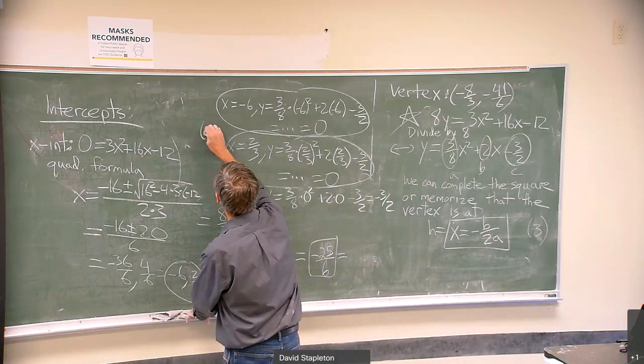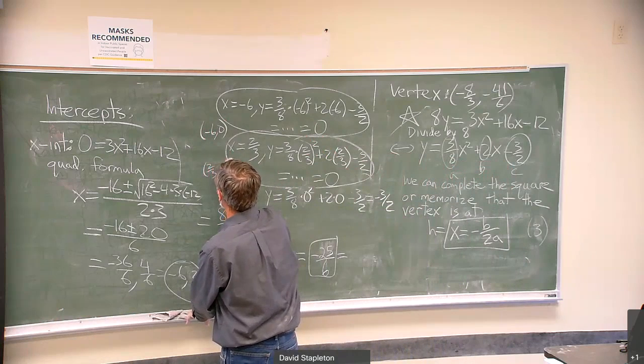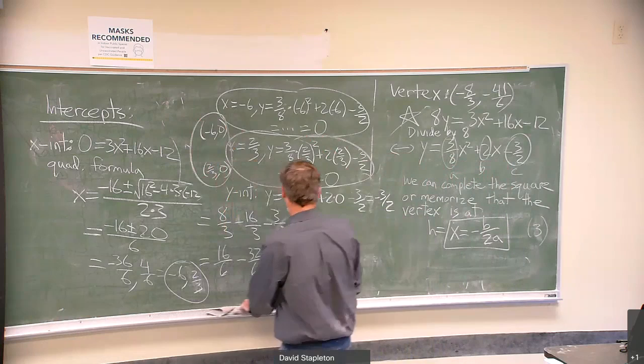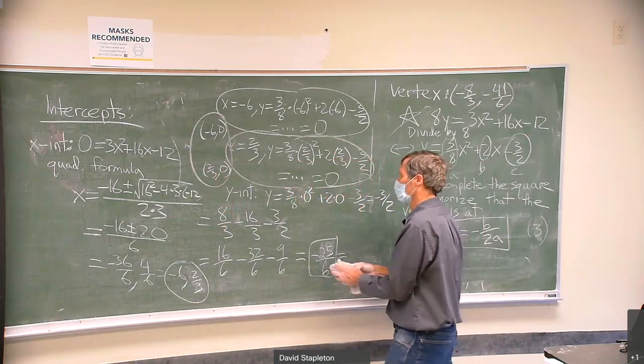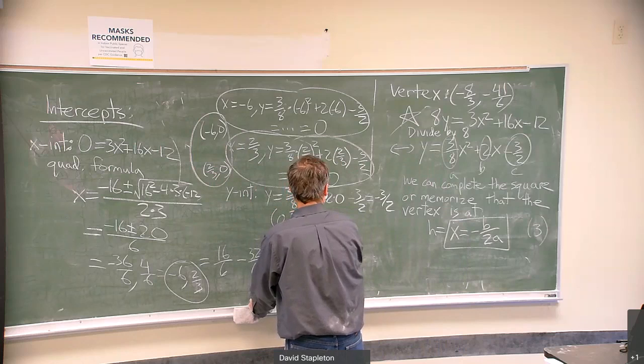The x-intercepts are minus 6, 0 and 2/3, 0. And over here, what we get is 0, minus 3/2: x equals 0 and y equals minus 3/2.